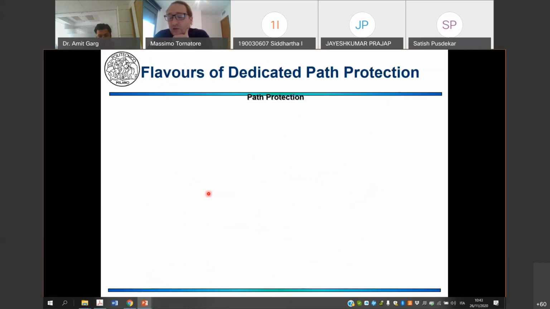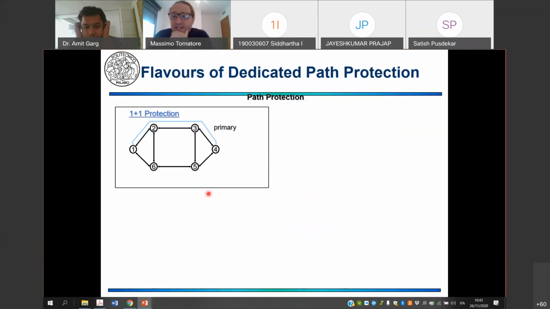There is indeed a way to solve the problem of large protection switching time, and it's what we call 1+1 protection. In 1+1 protection, we do not just have a primary path and a backup path, but we send the information at the same time on the primary and on the backup path.